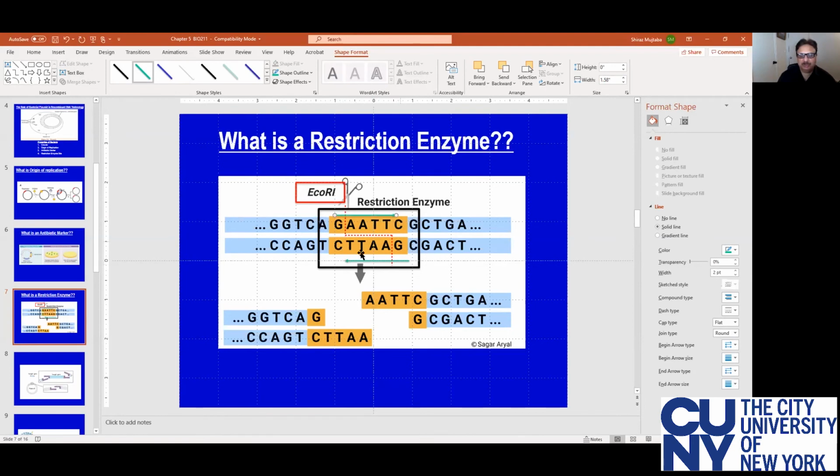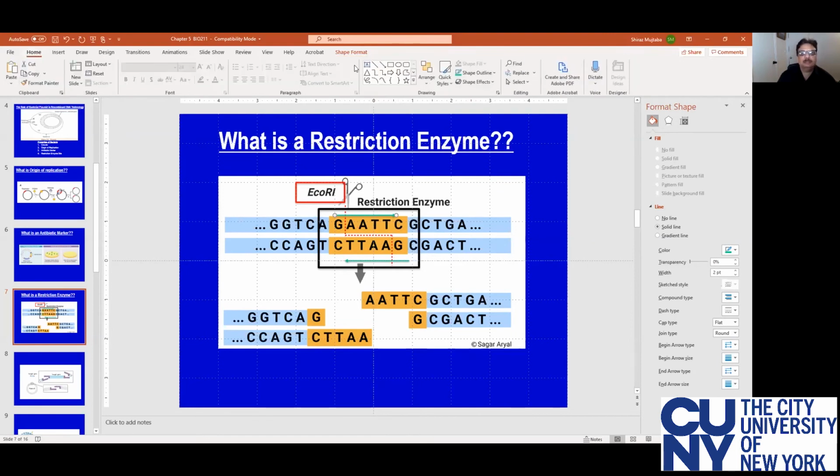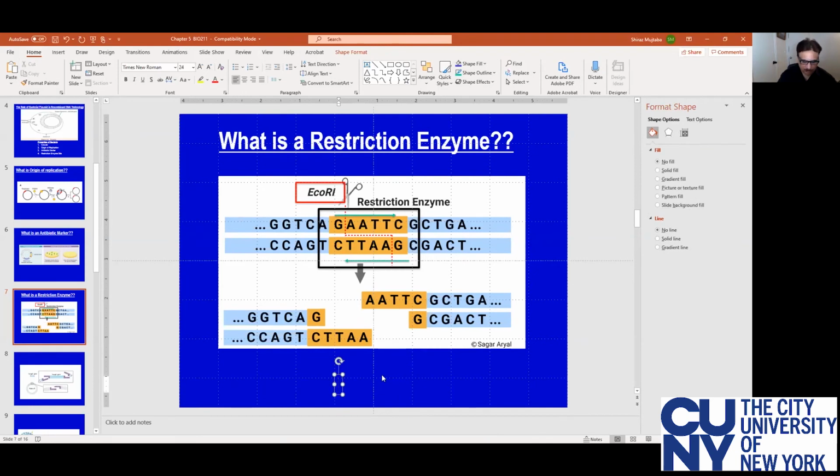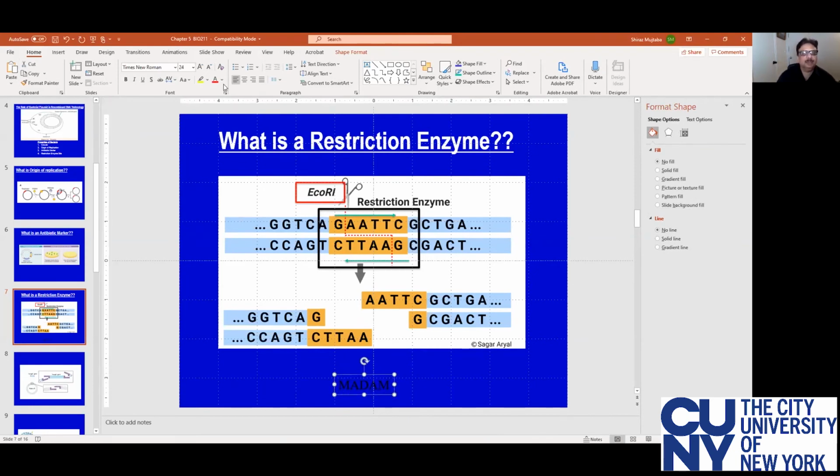So they are symmetrical, a very special piece of DNA sequence. It's just like words such as madam: M-A-D-A-M, from both ends it reads the same.